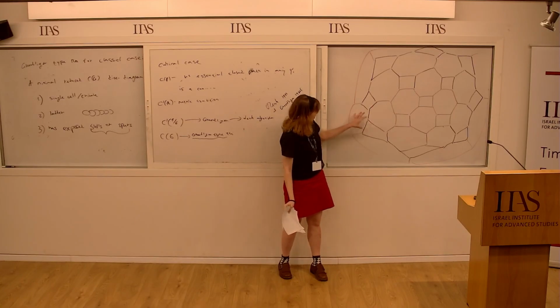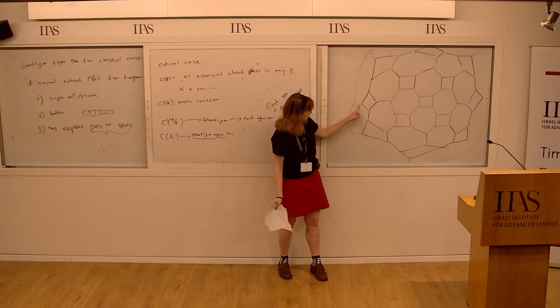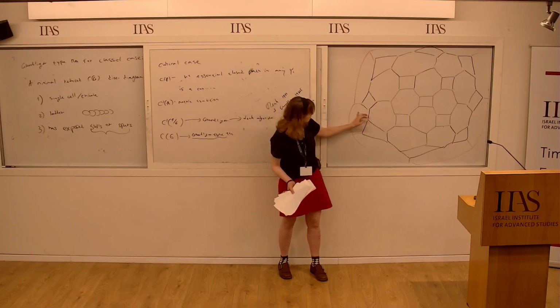If you look at something like this, it looks the same all the way around. Here you have pieces, but you don't have a lot of pieces on the boundary. It's not that you have most of it outside.